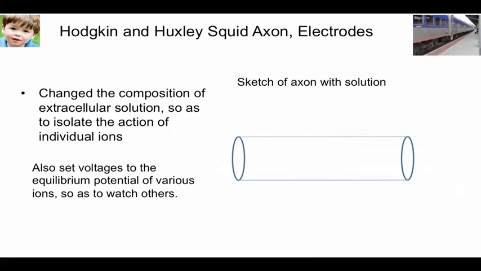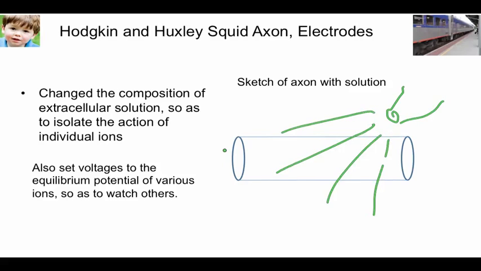The fact that they had the squid axon in an experimental apparatus gave them a number of advantages, but two advantages that were important to the experiments were, first, they could change the composition of the solution. I'll just draw it as if it's coming out on a fire hose here.